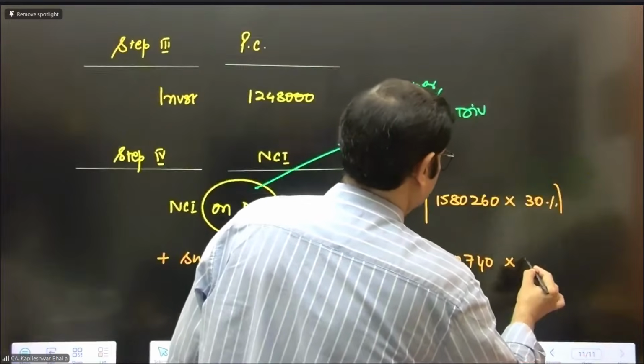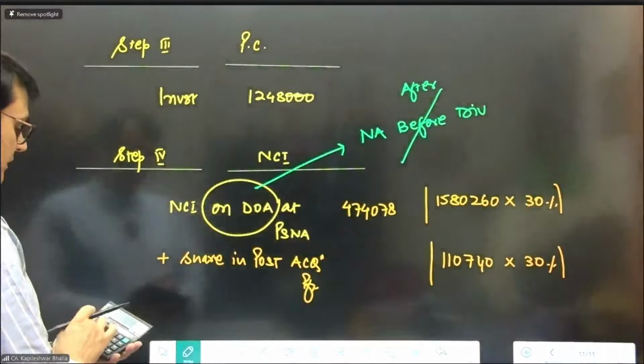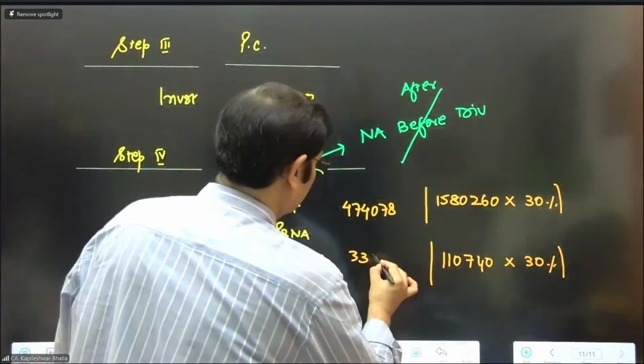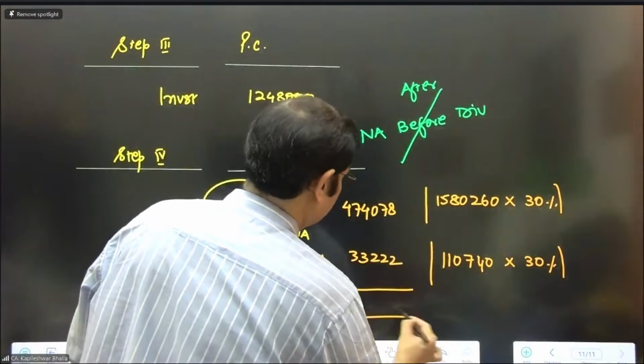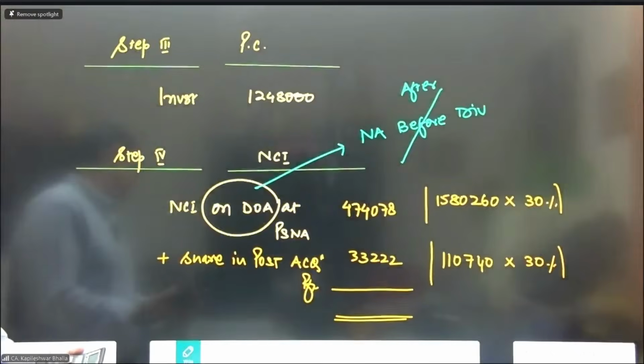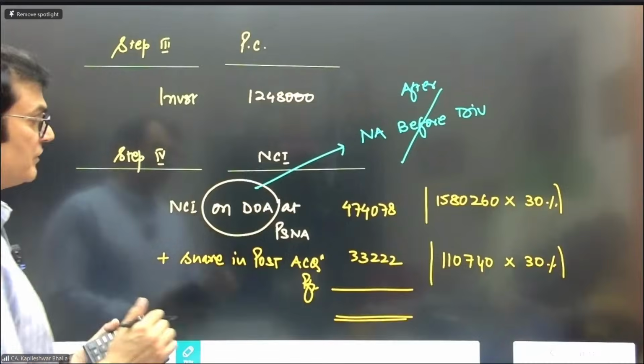And we need to take 30% of this. So 110740, 30% would mean 33,222. We get the sum total of this. And I think there were no goodwill impairments defined. So let's add this. This comes to 507,300.